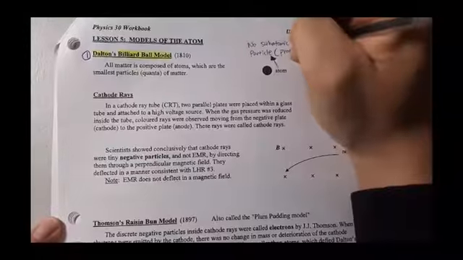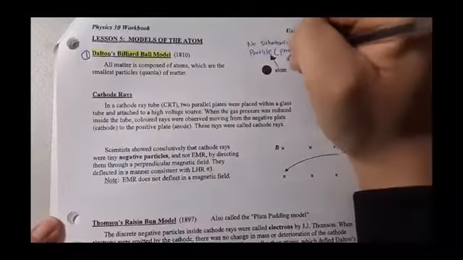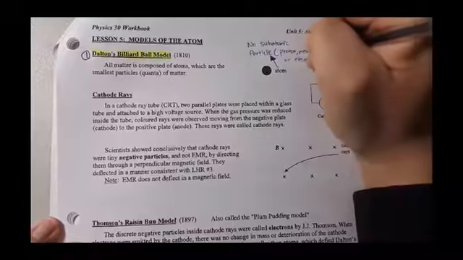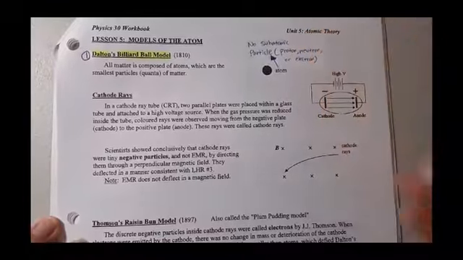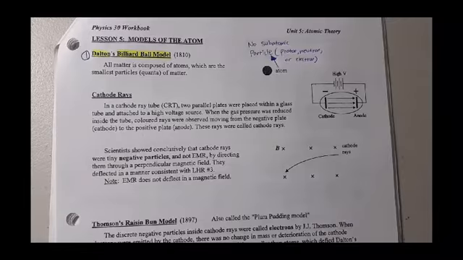We don't have a concept of proton, neutron, or electron. We now know those exist, but in the 1800s, they didn't have the technology to find it out.